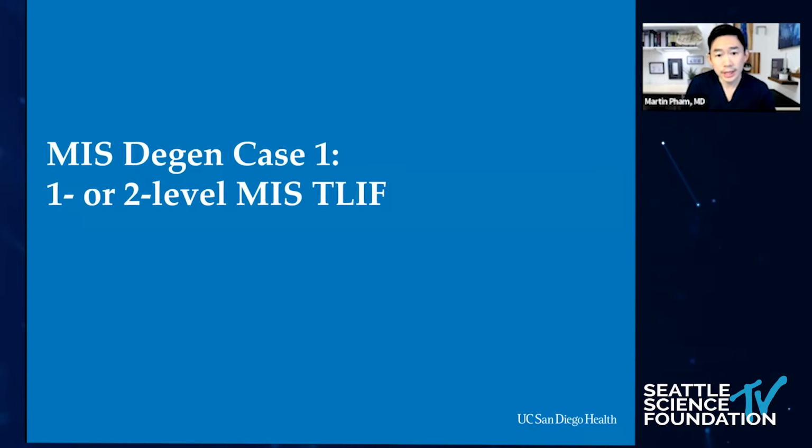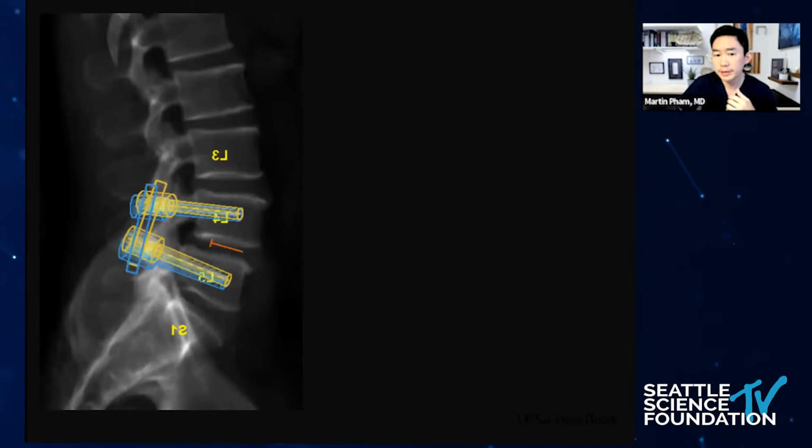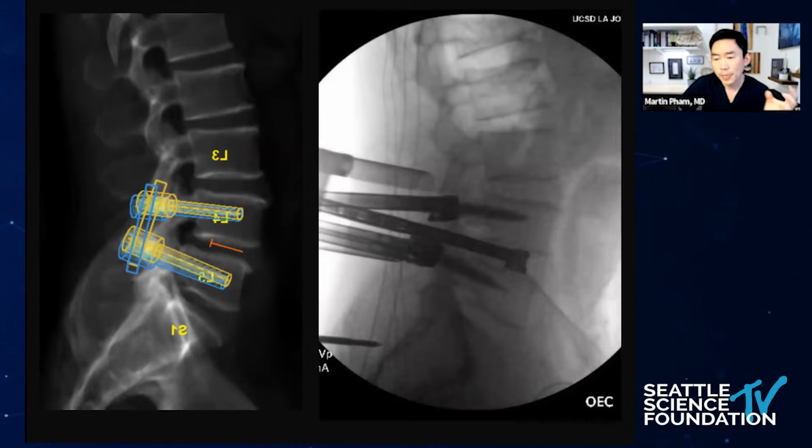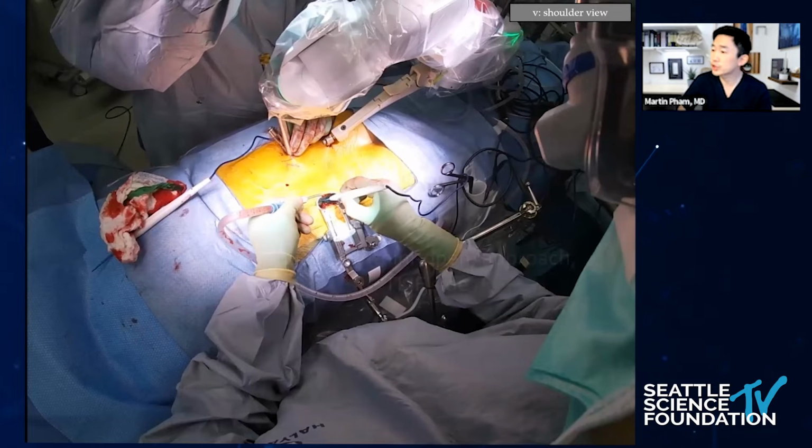So the first case, there's going to be 6 cases total, which I figure about 2 minutes per case. And then we can have a discussion afterwards. An MIS TLIF, right? So 1 or 2 level TLIF. This is a case that's very familiar for all surgeons. And incorporating robotics into your MIS TLIF is very straightforward, right?